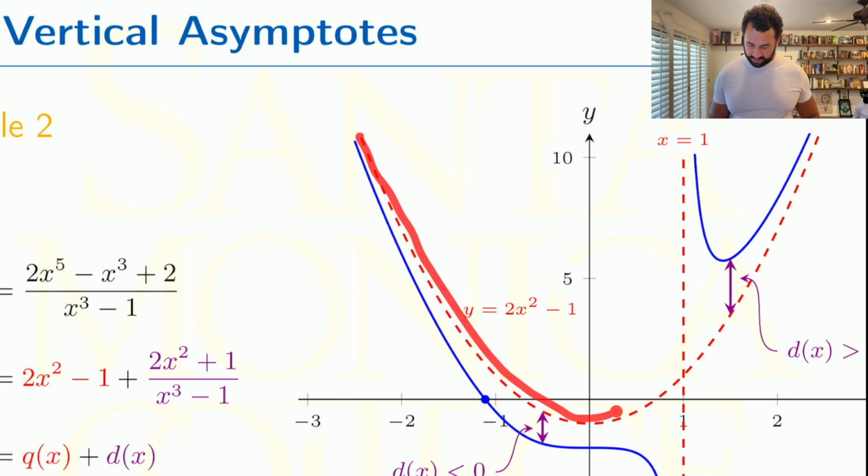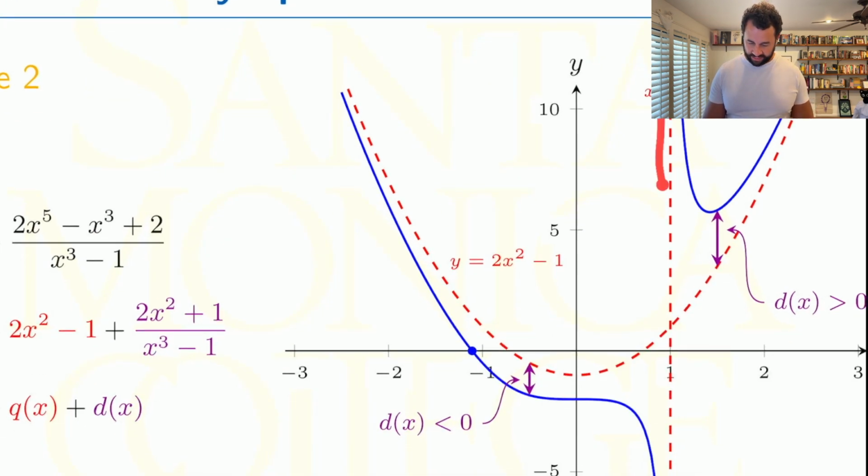The interesting thing now is that parabola is actually an asymptote for our rational function. We've also got this vertical asymptote right here at x equals 1. So now we know kind of what the graph is going to avoid unless it crosses this thing, right? So it helps to start by graphing those.